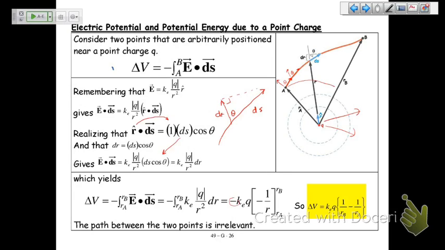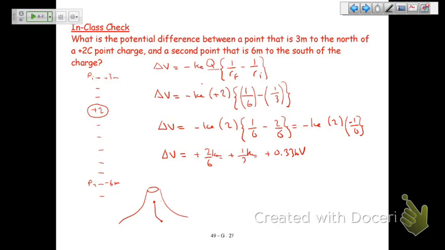I remembered that one and I forgot that one. So it's positive. And why did I know to go back and check? Because I knew the answer was wrong. Why? Because I'm going downhill, so my potential must be negative. So that has to be negative, because that was a positive, and that was a positive, and that was a positive. Duh.